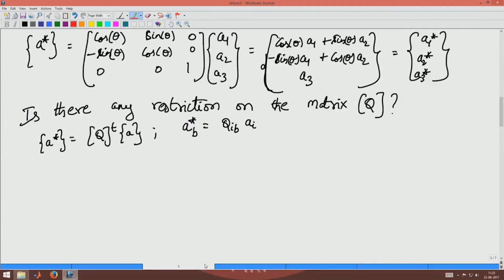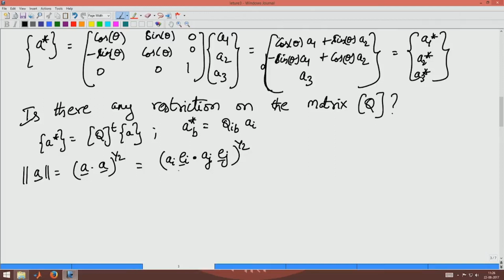So, I am interested in finding the magnitude of A, that we saw in the last classes, A dotted with A over a square root. So, this will be AI EI dotted with AJ EJ, square root. I have used the representation of the vector as AI EI, AJ EJ.